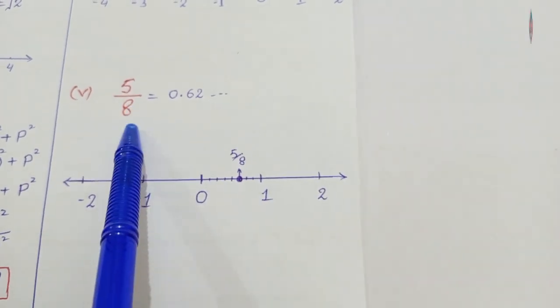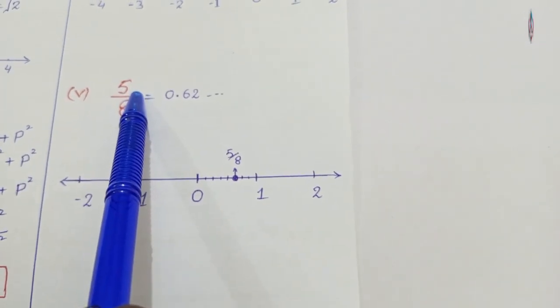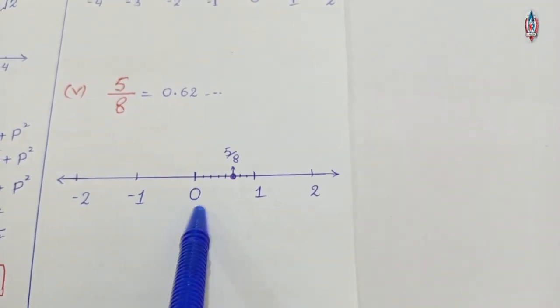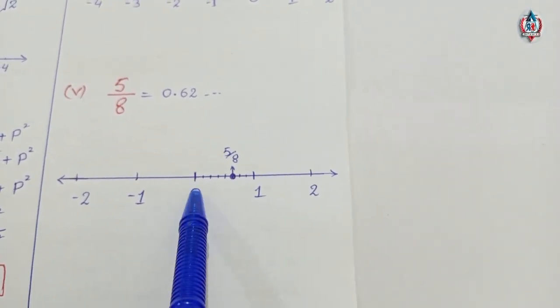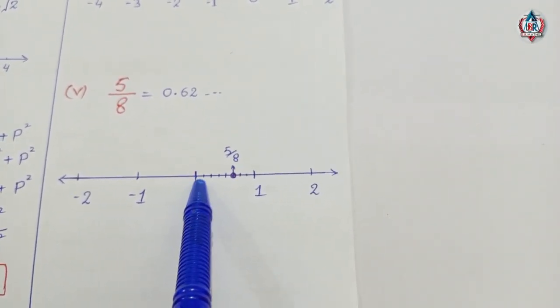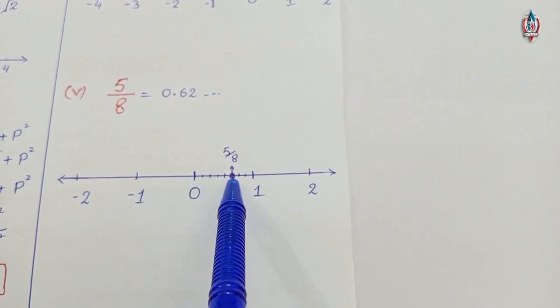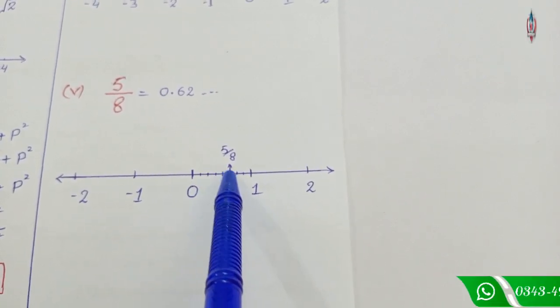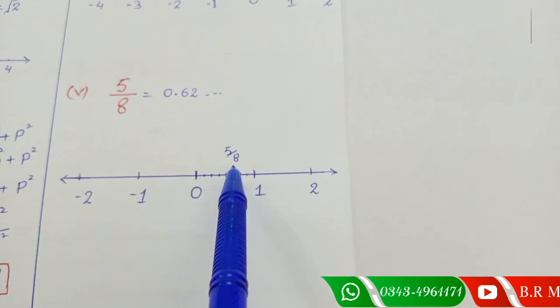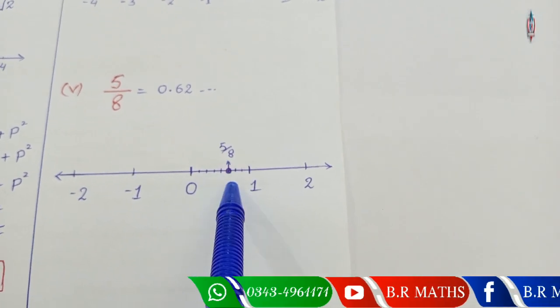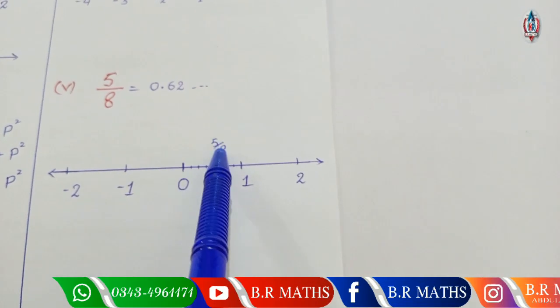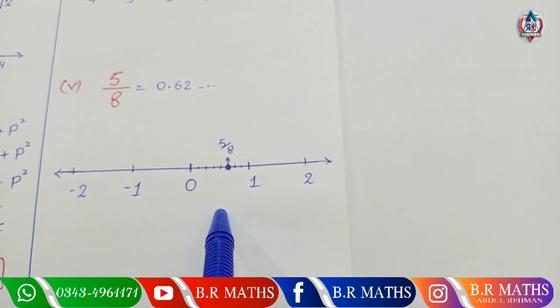The requirement is numerator 5, so mark a point after 5 parts. See, 1 2 3 4 5. After 5 parts you mark a point, and this point represents the number 5/8.